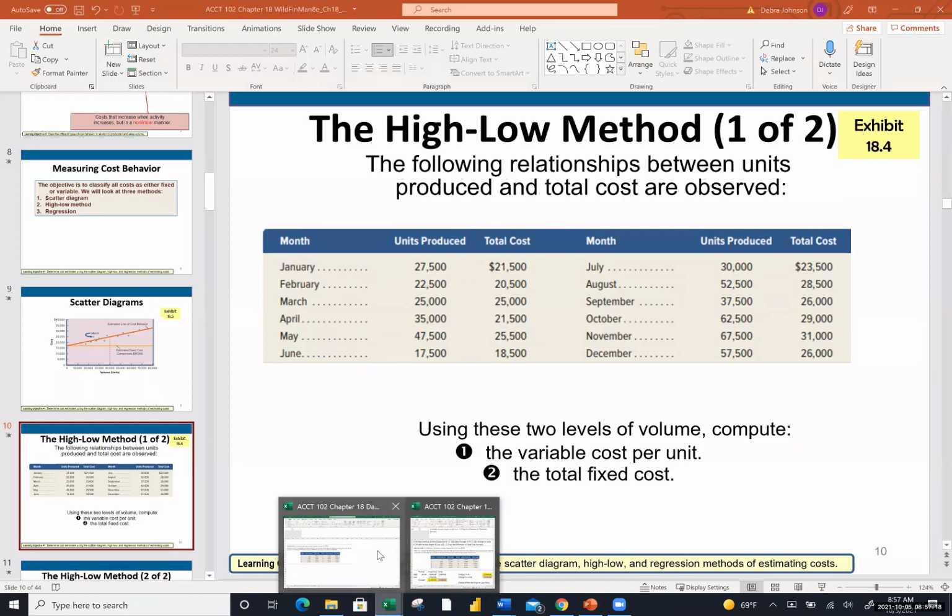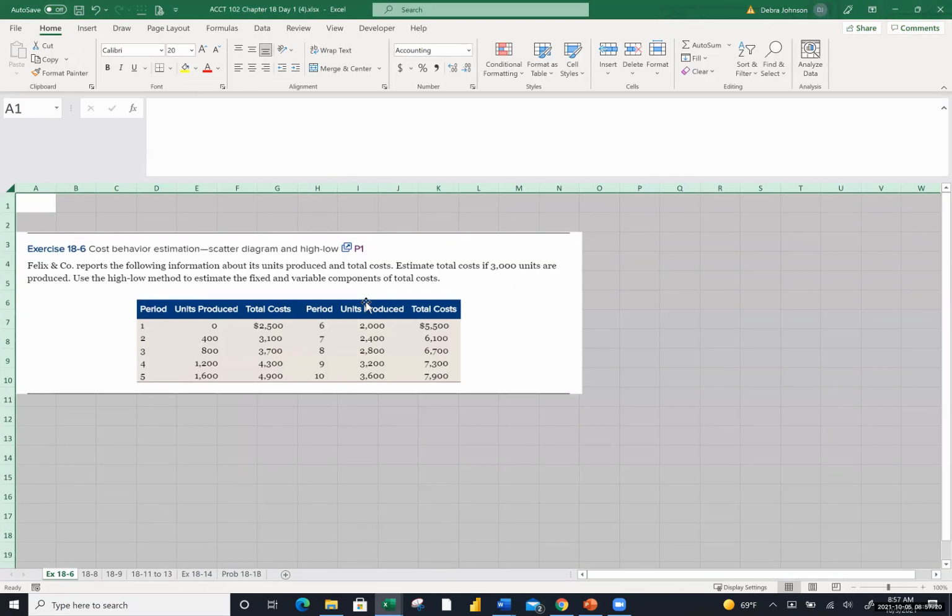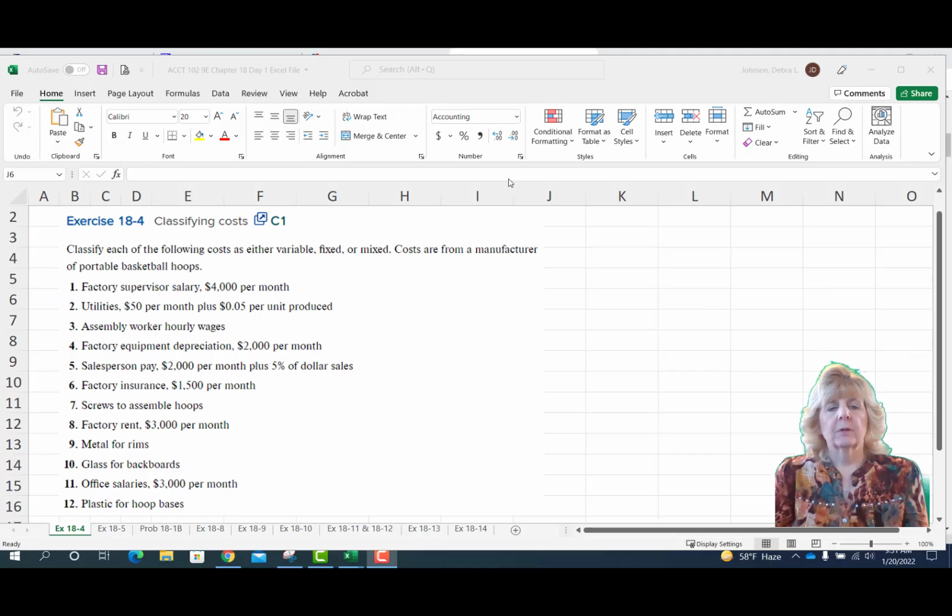Okay, hopefully you guys have downloaded the Excel files by now. Our first exercise is going to ask you to classify each of the following costs as either variable, fixed, or mixed. This set of costs has to do with a manufacturer of portable basketball hoops.